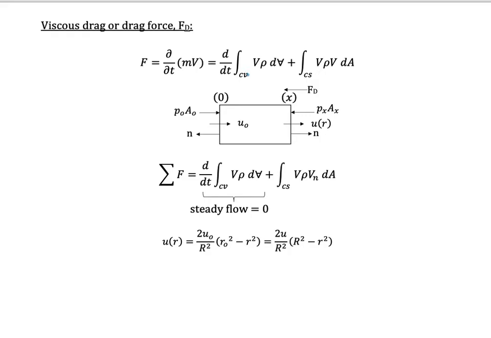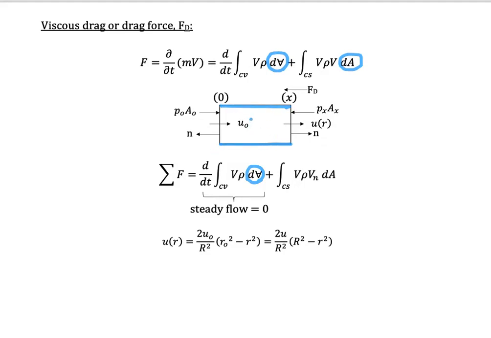Okay, and then how do we determine this one? We see the derivatives here, so we have dV, the volume, and we have dA here. The volume term, normally because the situation is steady flow, there is no difference in terms of volume, because maybe we have a very rigid pipe there.